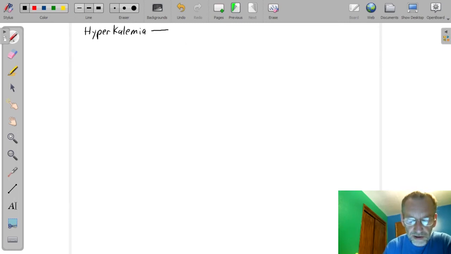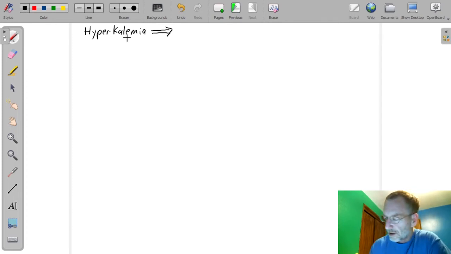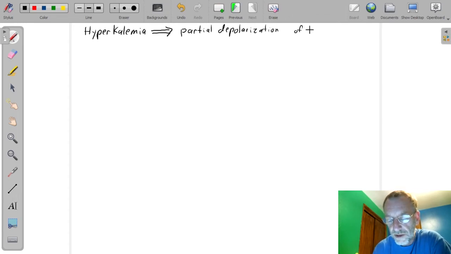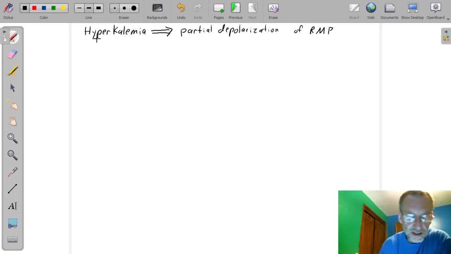And hyperkalemia is going to lead to partial depolarization of the RMP. We'll essentially be raising it on that graph.